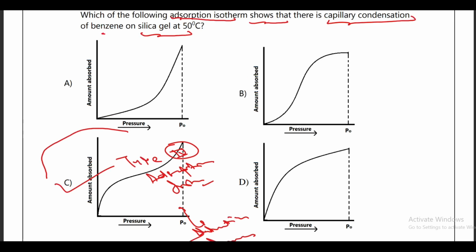So there is capillary condensation of benzene on silica gel, and silica gel is a mesoporous material, so it will provide you type 4 adsorption isotherm. So C option is your correct answer.